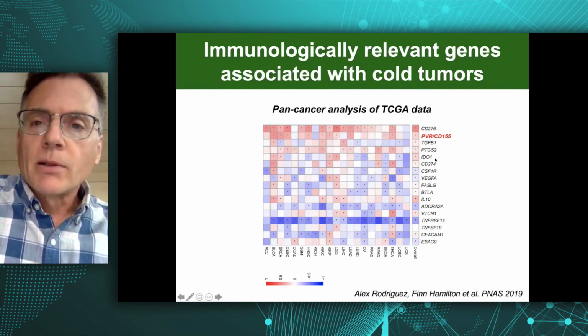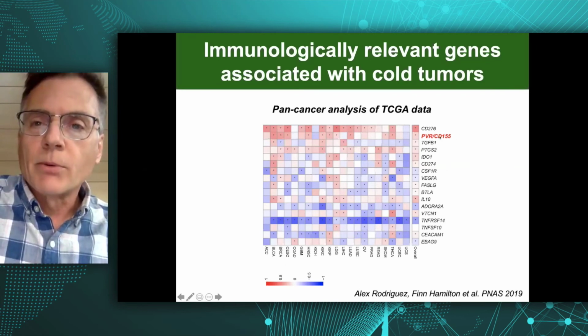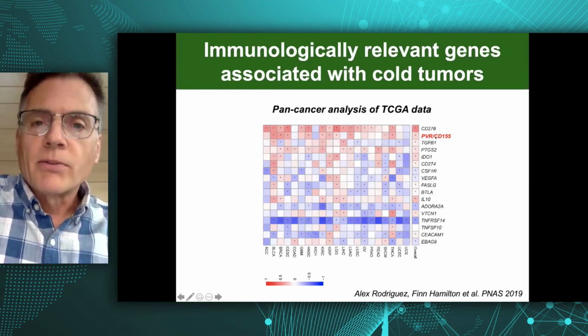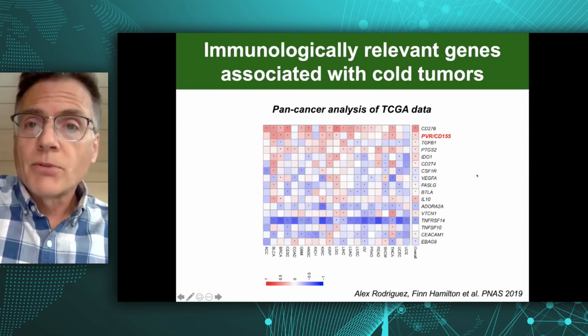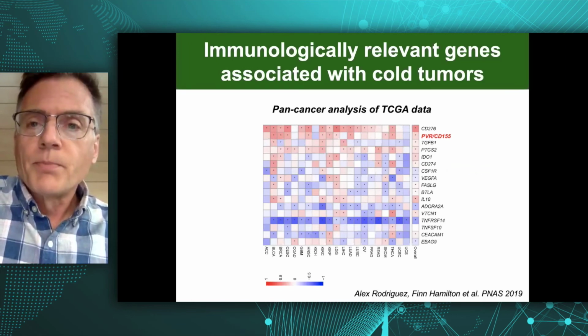A number of interesting things came out of this, but what I'll tell you about is the gene we followed up on, PVR, the poliovirus receptor, also known as CD155, which shows a strong association with the cold tumor phenotype across cancers, including ovarian cancer.